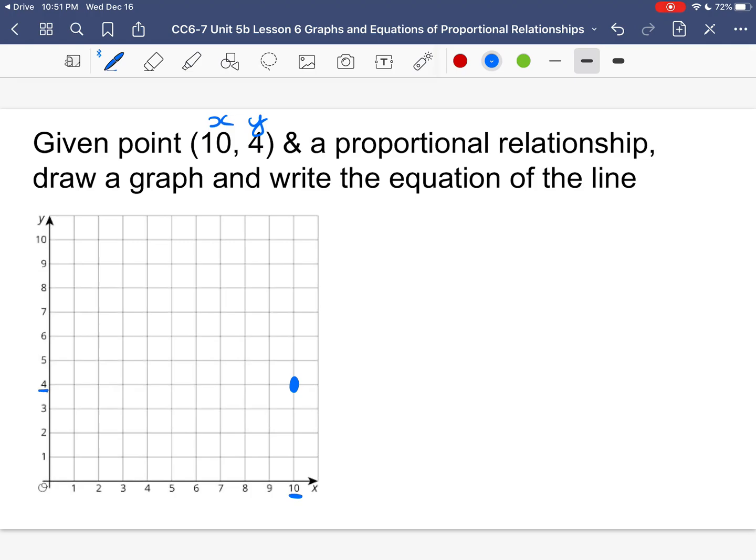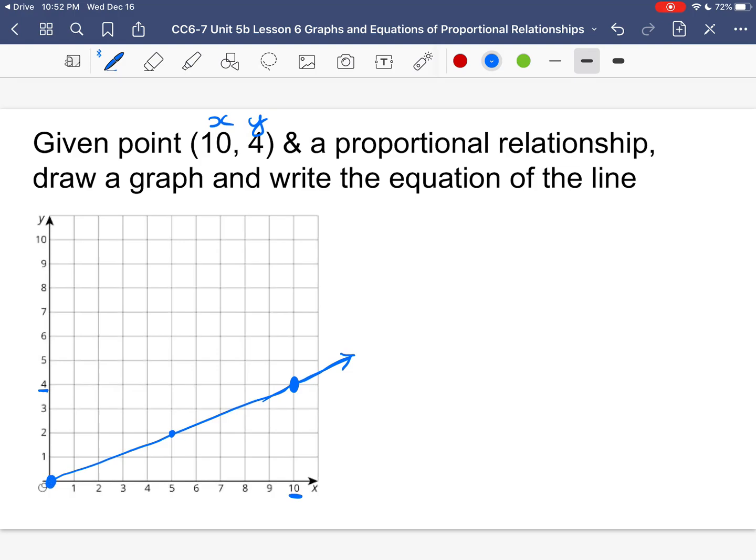And to draw a line through that, I'm going to draw a halfway point here, (5, 2). Here's my fairly straight line through (10, 4), and because it's a proportional relationship, I know it's going to be a straight line through the origin, which is here at (0, 0).